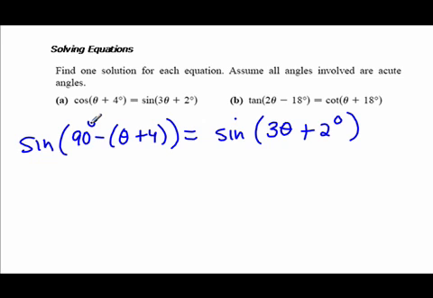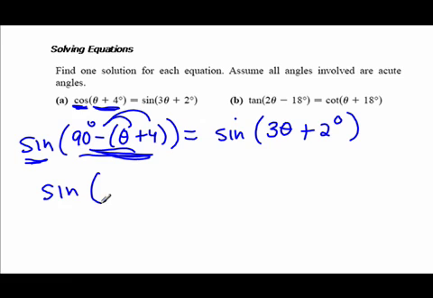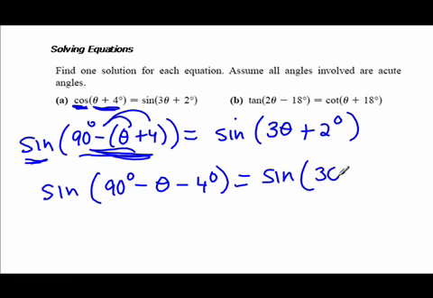On the left-hand side, I simply said the cosine of this angle is the same thing as the sine of its complement. And now we've got to use the distributive property. We'll distribute the negative through. So on the left-hand side, we have sine of 90 degrees minus theta minus 4 degrees equals the sine of 3 theta plus 2 degrees.